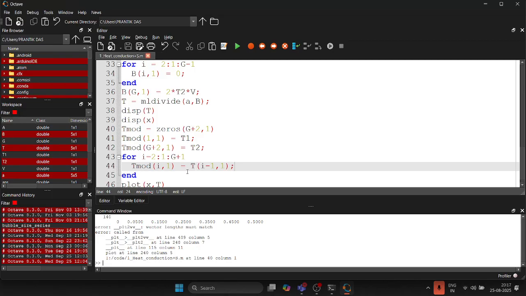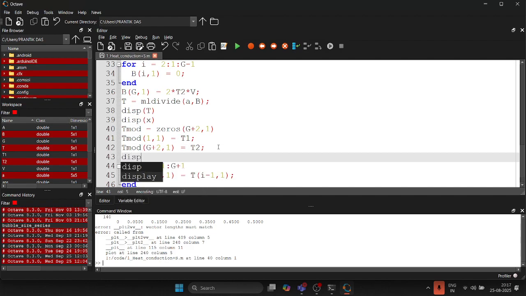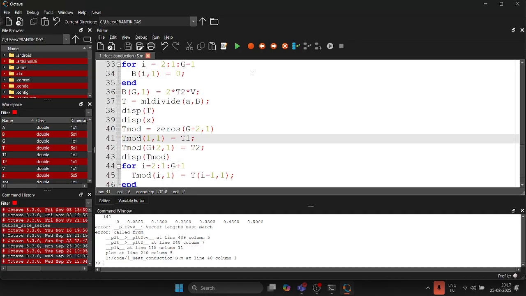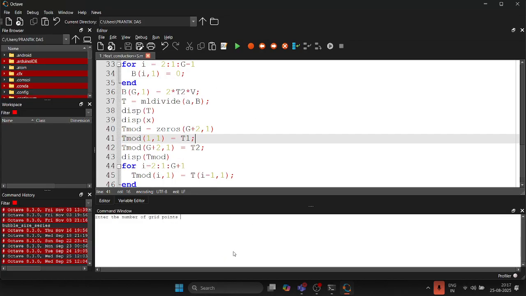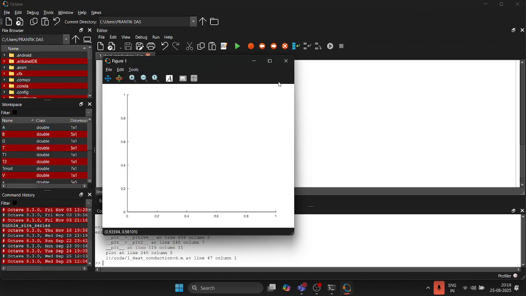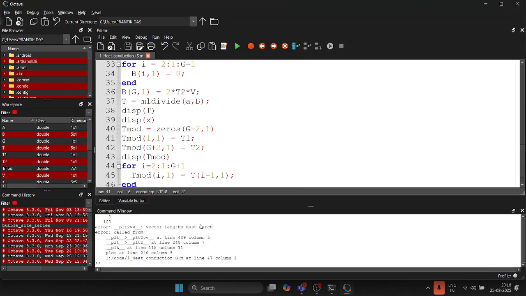Okay, so what it does is, for example, if I display T mod, you will see what your T mod looks like.